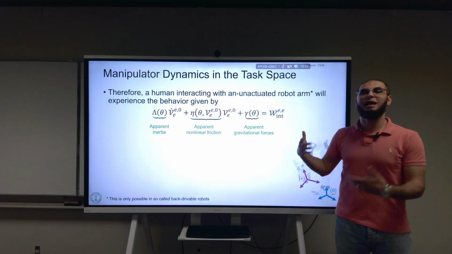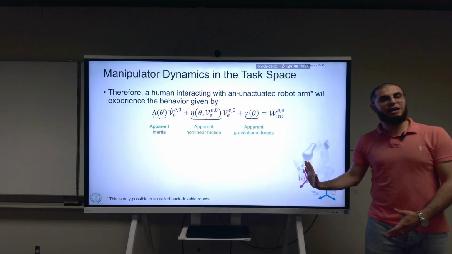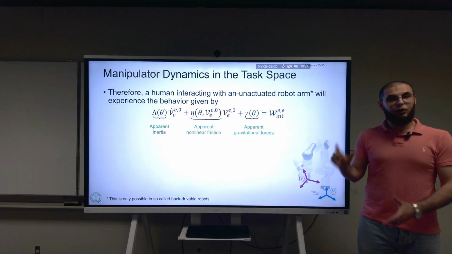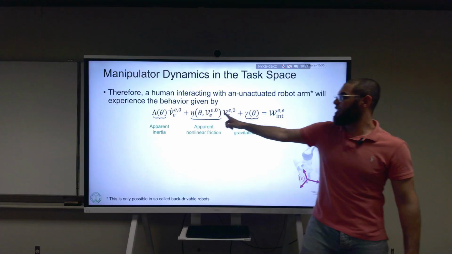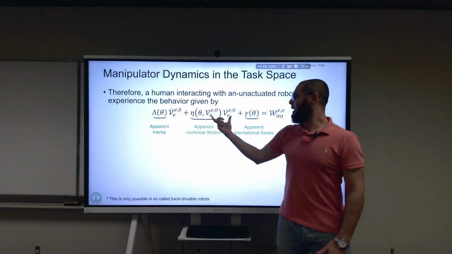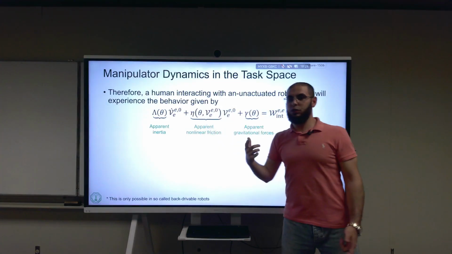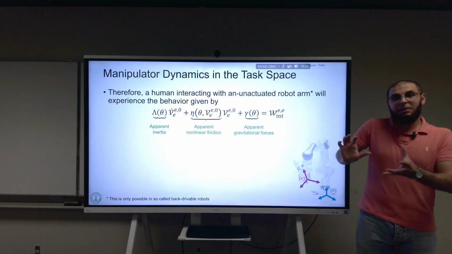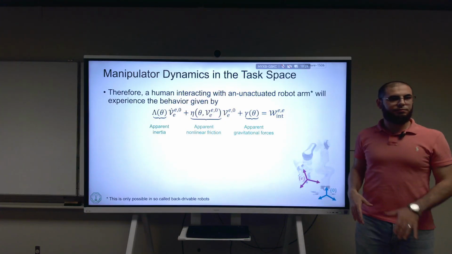You see, everything is called apparent. Why? Because for every configuration, this is configuration dependent, depends on the theta. Every configuration, the inertia and the friction and the gravity will change. But still, I'm going to feel something at the end effector.